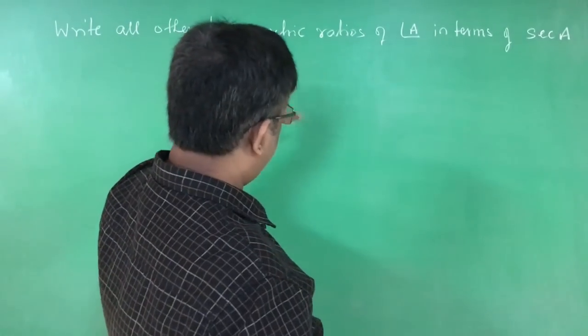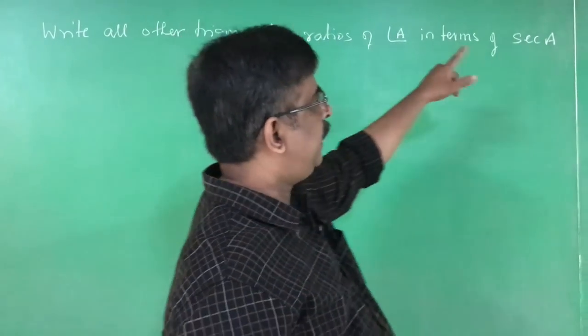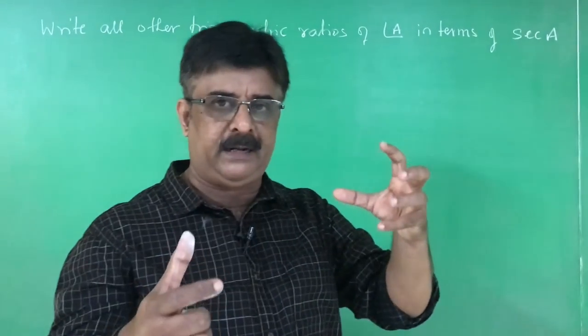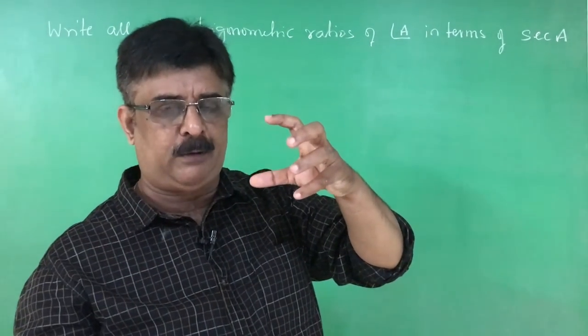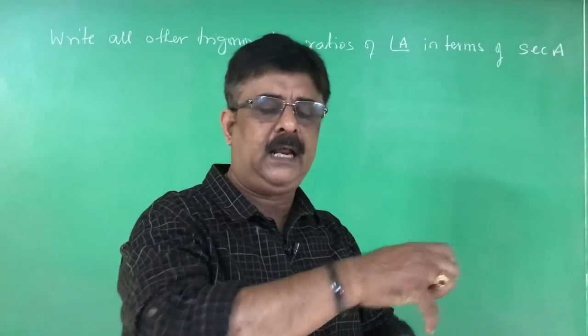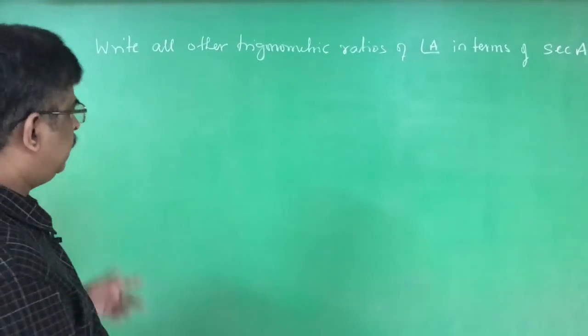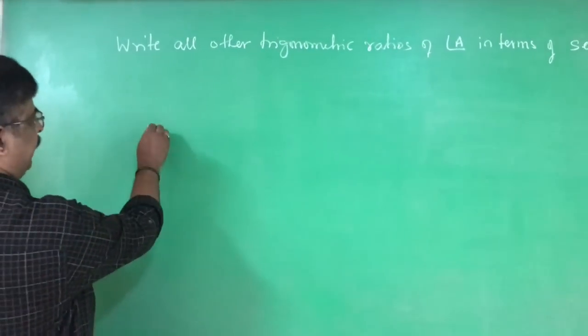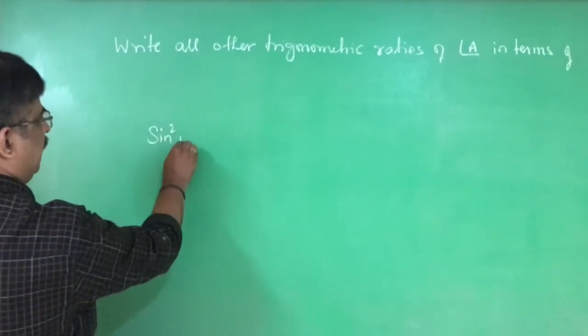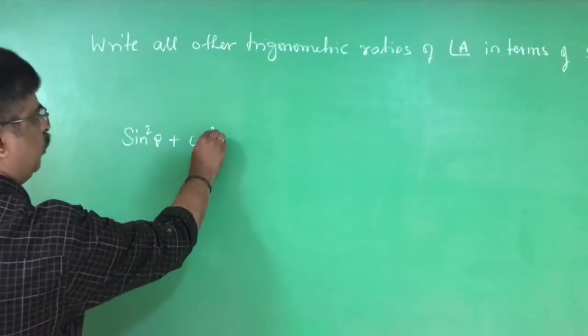All the other 5 ratios are to be related to secant theta. We have to make a relationship between all other 5 trigonometrical ratios and secant theta using the identities or any relation. The identities we can use: sin square theta plus cos square theta is equal to 1.